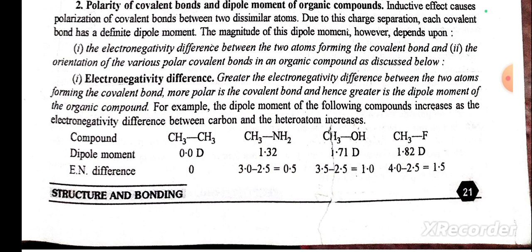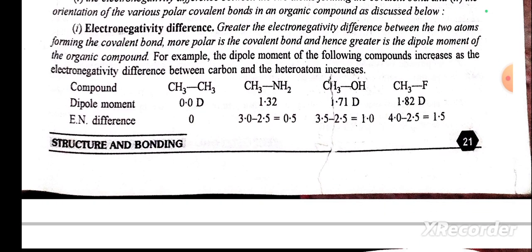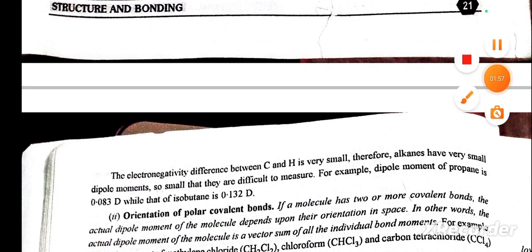First is electronegativity difference. The greater the electronegativity difference between the two atoms forming the covalent bond, the more polar is the covalent bond, and hence the greater is the dipole moment of the organic compound. For example, the dipole moment of the following compounds increases as the electronegativity difference between the carbon and the hydrogen increases.